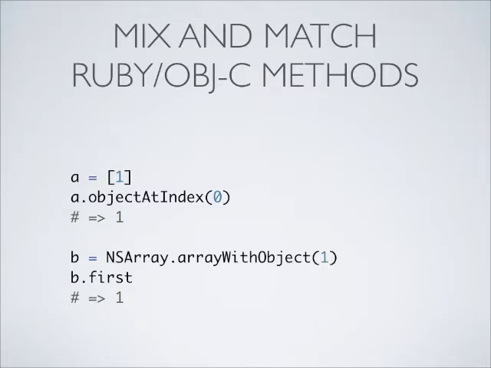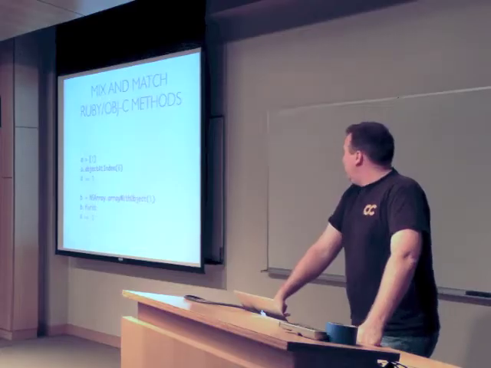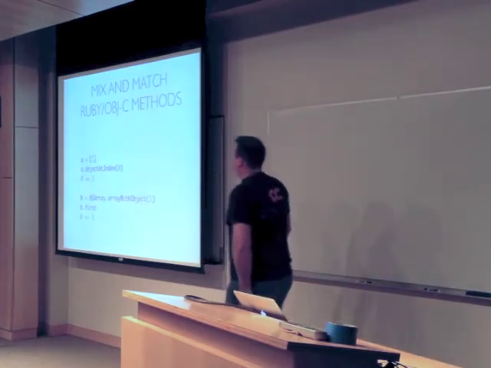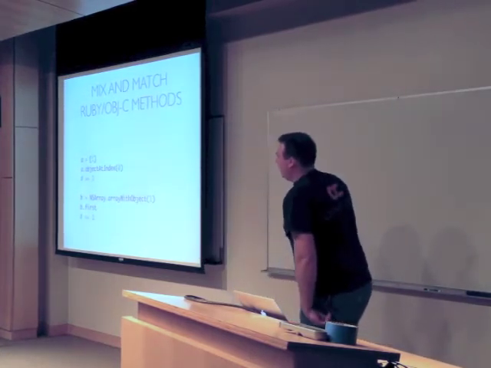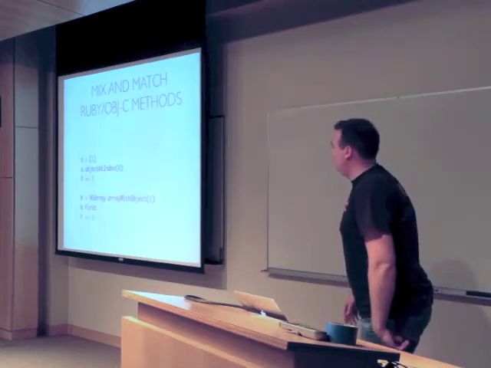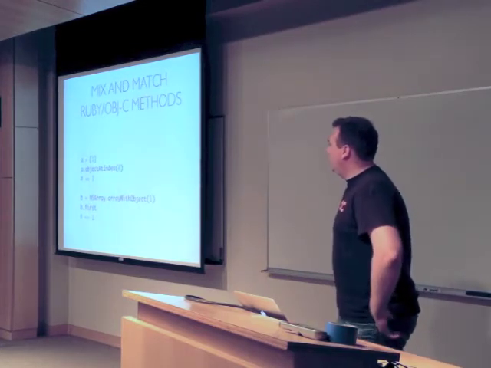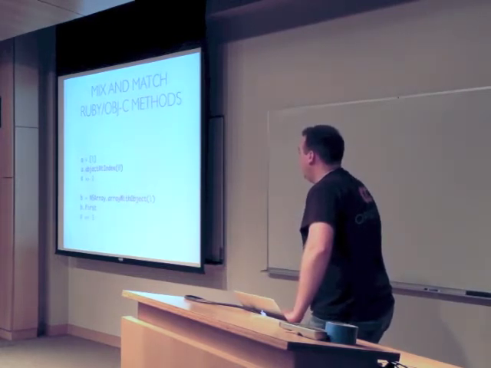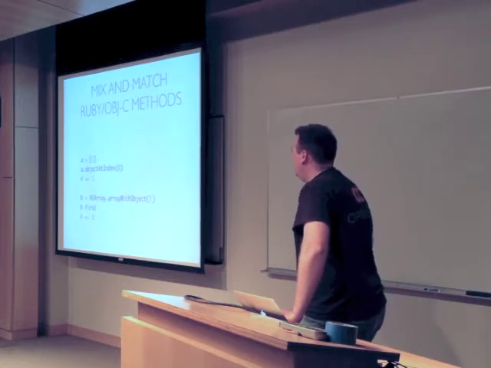You can mix and match Ruby and Objective-C. So you can see on top here, I'm doing a equals an array that contains just 1. And then I'm calling an Objective-C method, object at index, passing the first index, and so that equals 1.